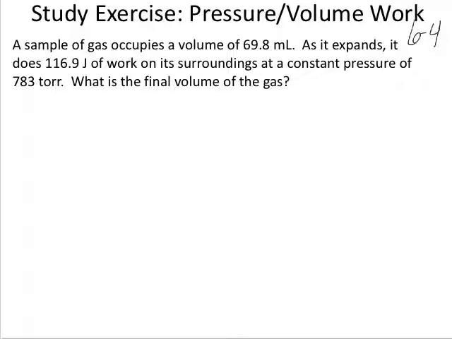Okay, so this is pressure volume work, and the formula that you need to know is work equals negative P times delta V. You can read about this on page 261. And you see the word expands. You need to associate a gas expanding with doing work.